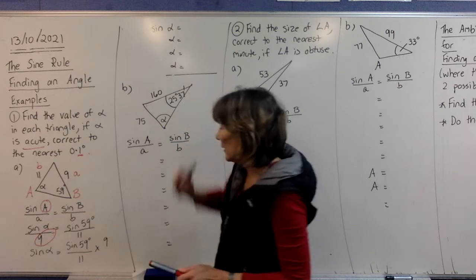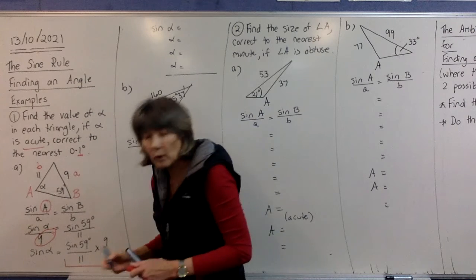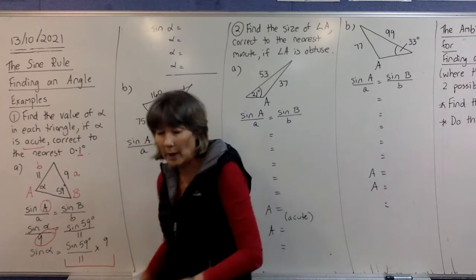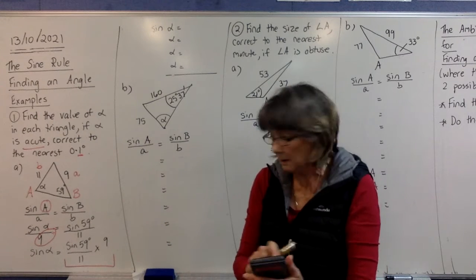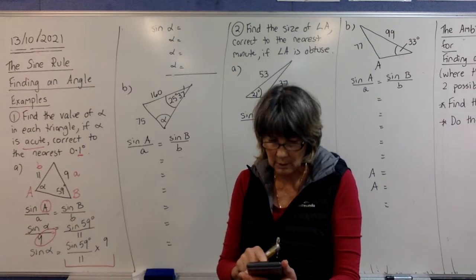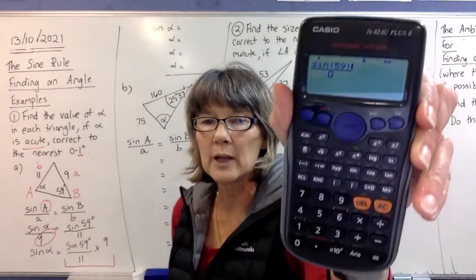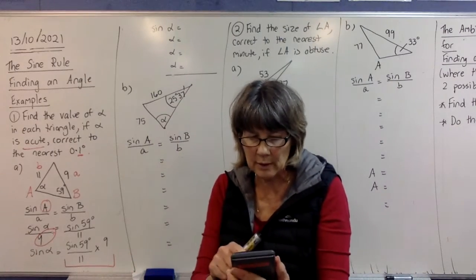Okay, now, the next thing you're going to do is work this out on your calculator. Just work it all out. You will get a decimal, and we're going to write the whole thing down. So we're going to type in fraction key, sine 59 on the top of the fraction, and close the bracket like I've done there. Then we're going down to the bottom of the fraction and put 11.